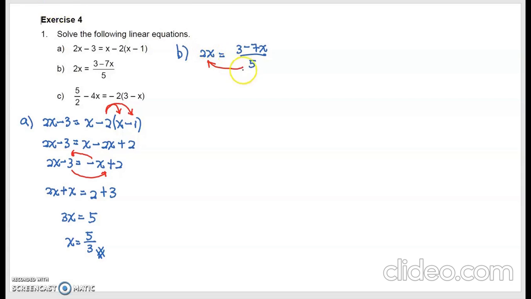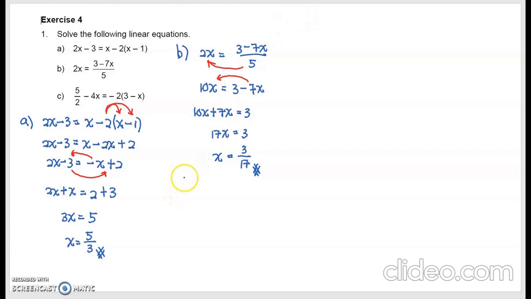So 2x times 5 will become 10x is equal to 3 minus 7x. Again, I try to put x together. I move negative 7x to the left hand side. So here we should have 10x plus 7x is equal to 3, so 17x is equal to 3. x is equal to 3 over 17.